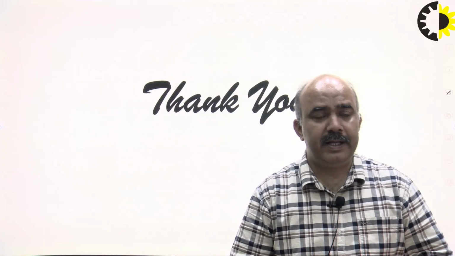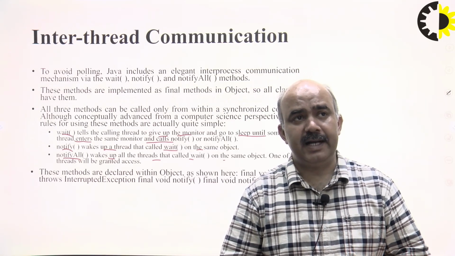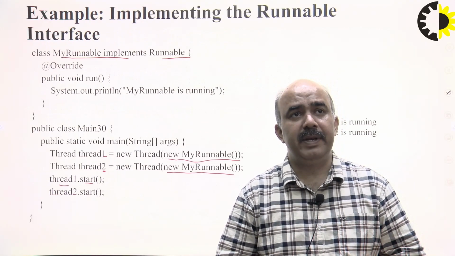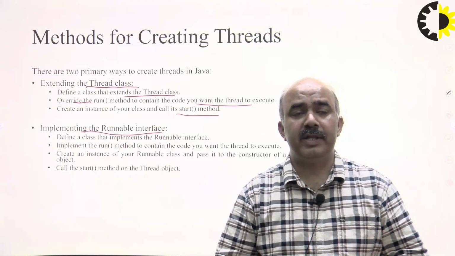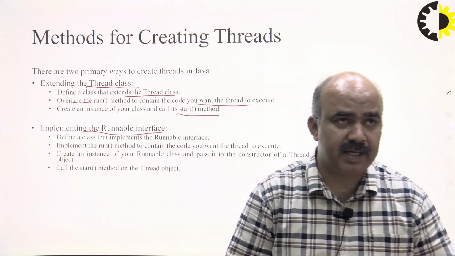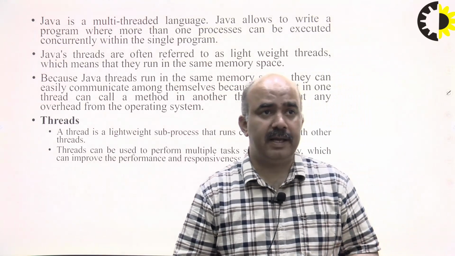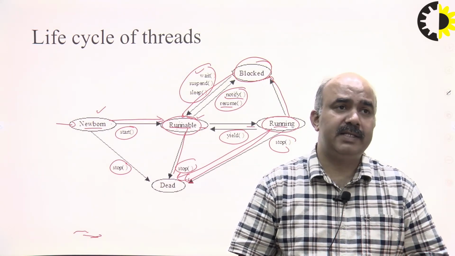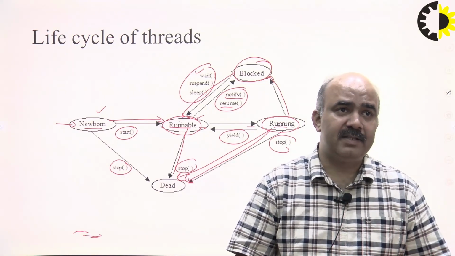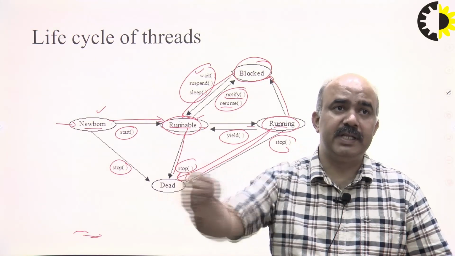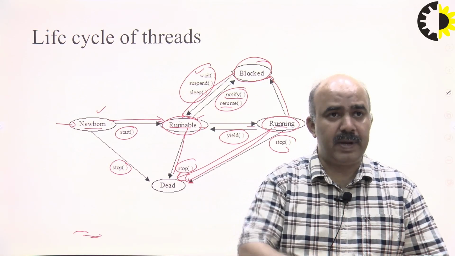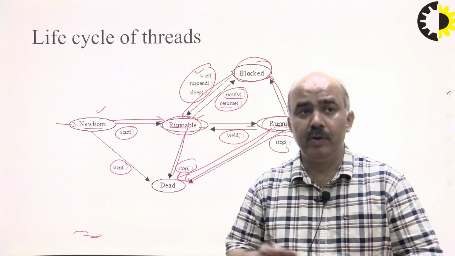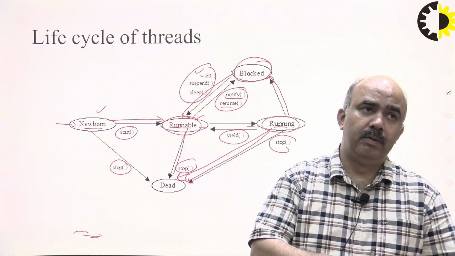So today we discussed what threads are, how the thread life cycle works, how threads are implemented, and how threads communicate with each other. These are very important points, and questions may generally be asked in university exams: define the life cycle of threads, what are the stages through which threads pass, and what are the various methods used to move from one state to another.